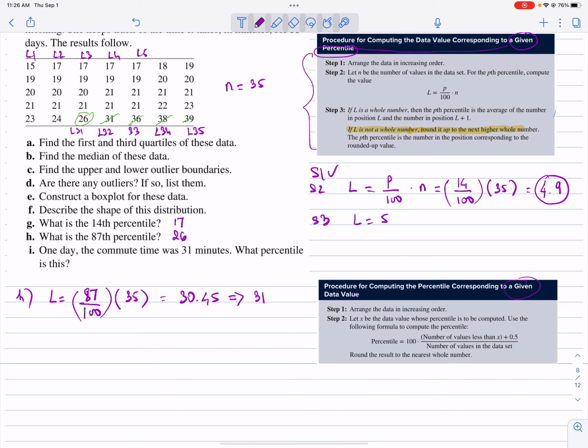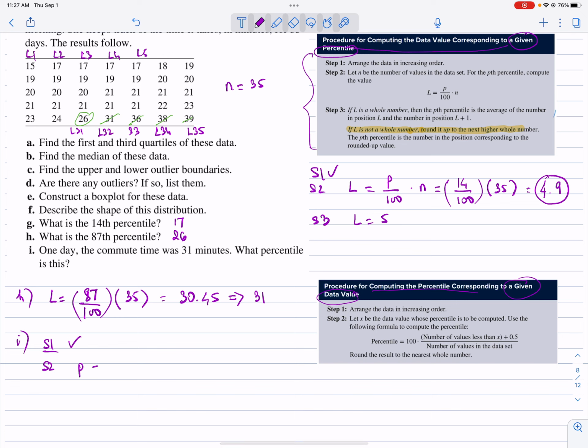It's given the data value and this is the procedure for us to compute the percent. So step number 1, we need to arrange the data, and we already have it in order. Step number 2, we let x be the data value whose percentile is to be computed. Use the following formula to compute the percent.